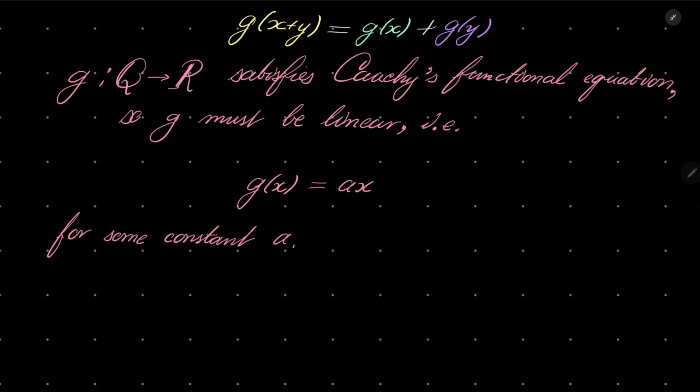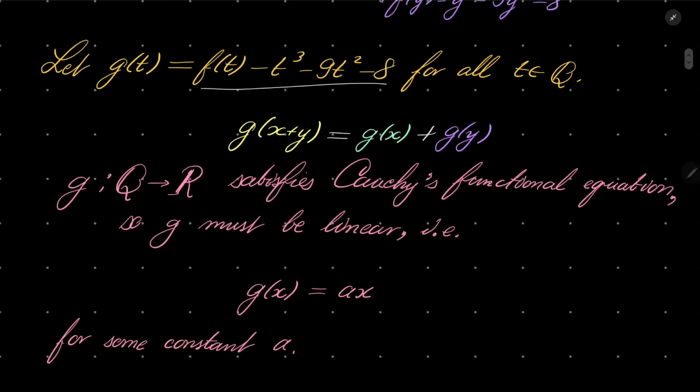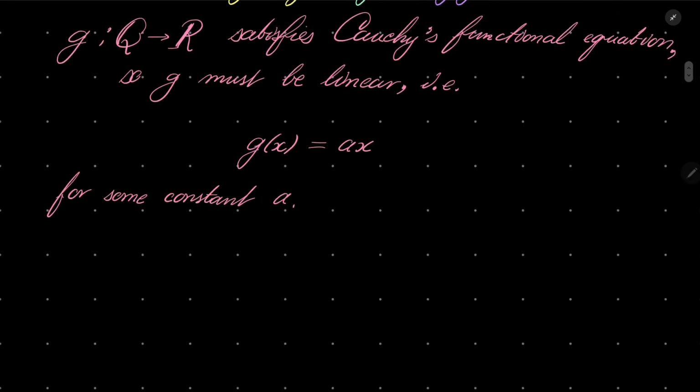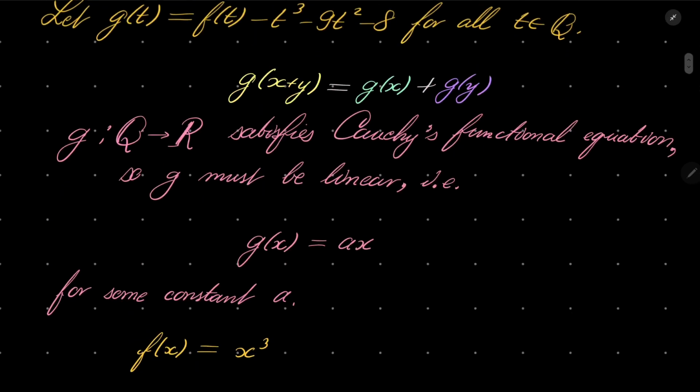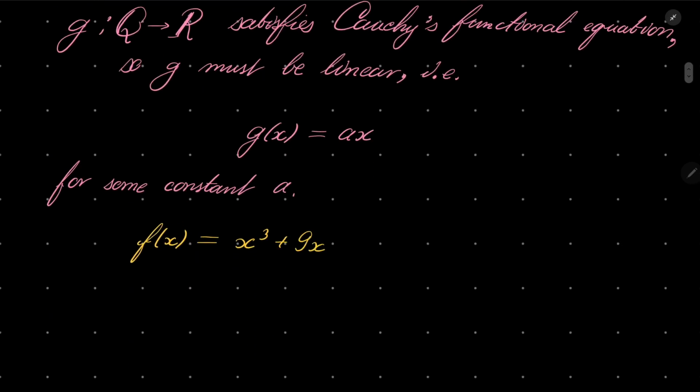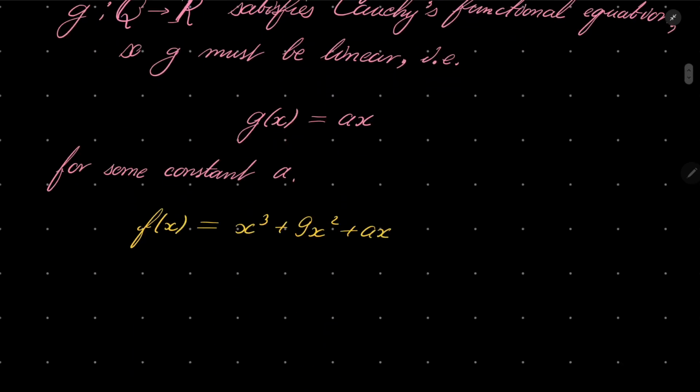And now, after doing that, let's go back to our original function f, because g of x is that. So f of x equals x cubed plus 9x squared plus ax minus 8 for all rational numbers x.